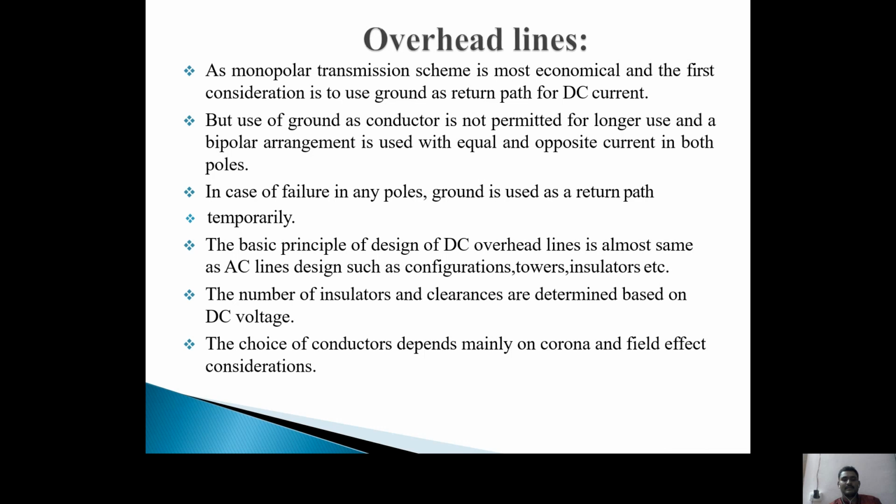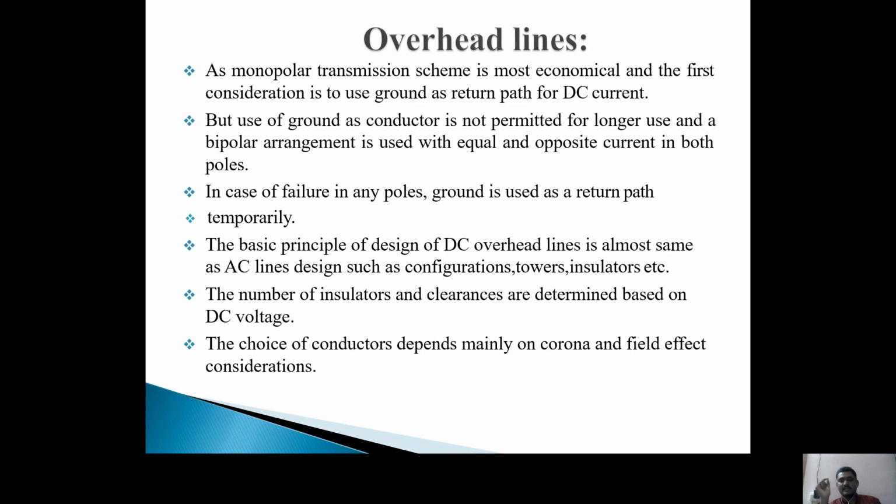And coming to the overhead lines. As the monopolar transmission scheme is most economical, the first consideration is to use ground as the return path for DC current. This concept I explained in the first chapter under the topic of types of DC links, where I discussed the monopolar DC link.